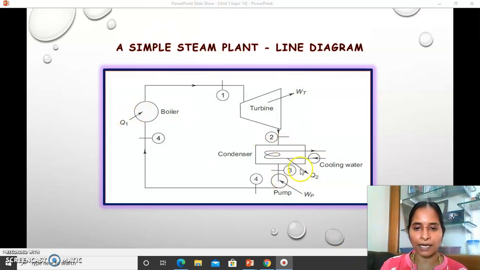Here heat supplied, here heat rejected, and 3 is the inlet of the pump, 4 is the pump outlet, as well as the inlet to the turbine. Okay, so here working is the same: heating, cooling, heat supplied, heat removed. Here phase change occurs from water to steam, here phase change occurs from steam to water because of heat removal.